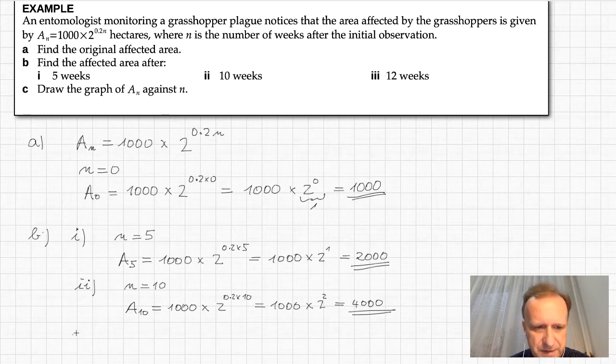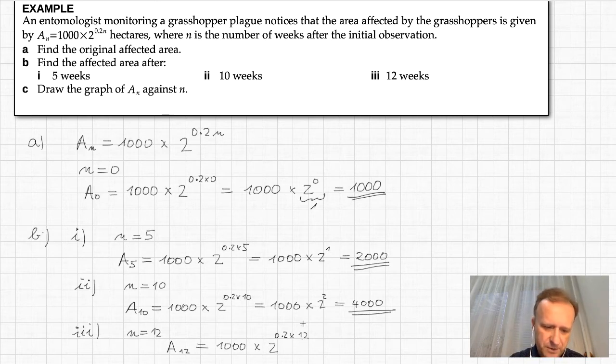The subpart 3 of part B is to find the affected area after 12 weeks, so n equals 12. To do that, I have to evaluate a sub 12, which should be equal to 1000 times 2 to the power of 0.2 times 12. Let me check on my calculator: 0.2 times 12 should be 2.4, yes. So we have 1000 times 2 to the power of 2.4.